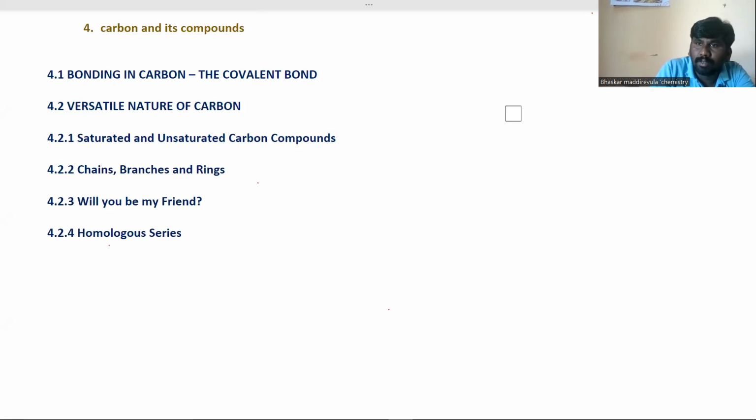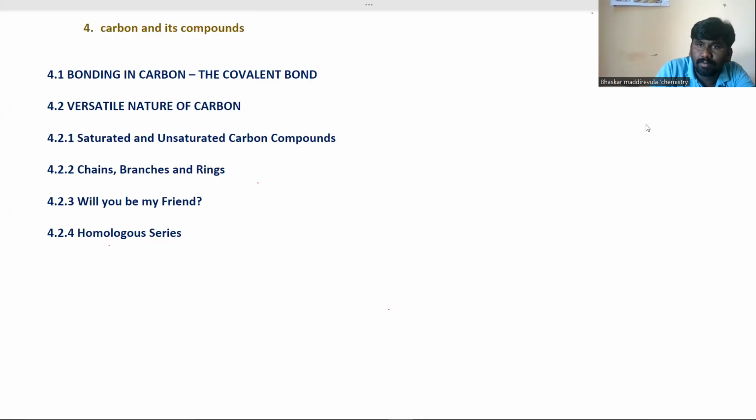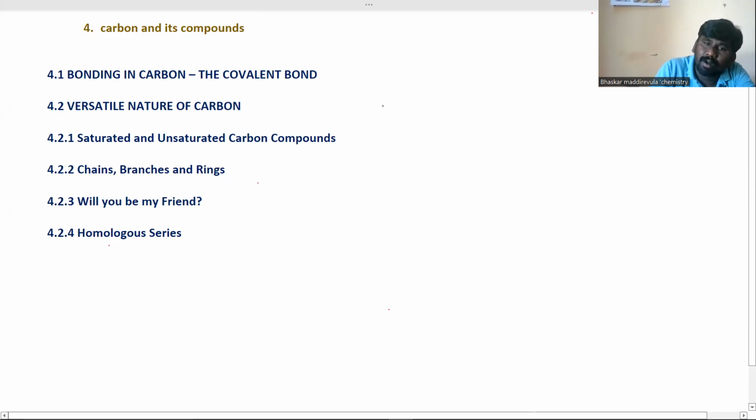I will take one saturated carbon compound and two unsaturated carbon compounds. For example, the saturated one is ethane. They may ask: draw the Lewis dot structure of ethane, that is C2H6.